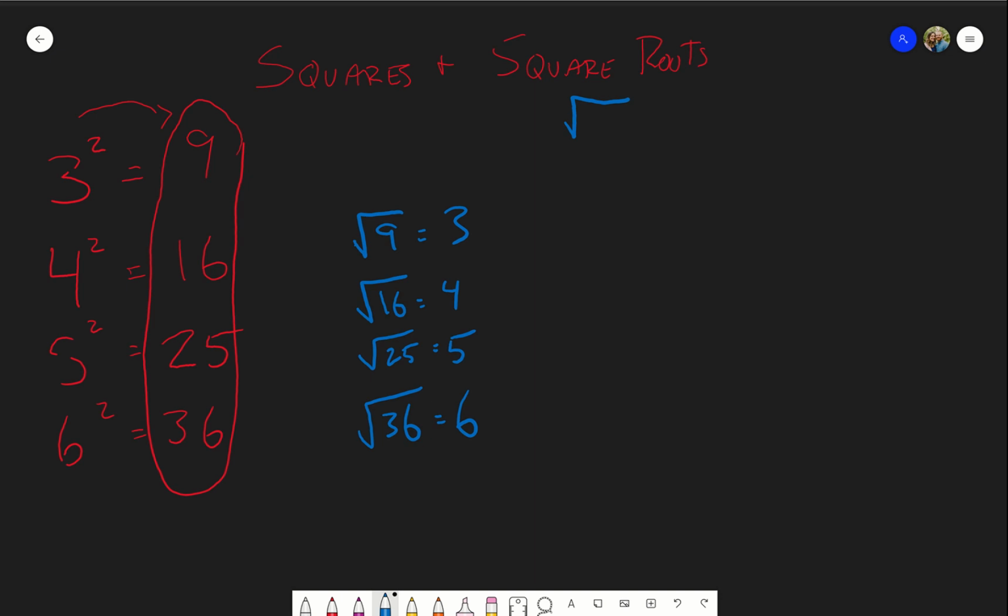Okay, so we have 3, 4, 5, 6. We'll go with 2 and 1. That would be 2 squared is 4, 1 squared is 1. Go 7 and 49.